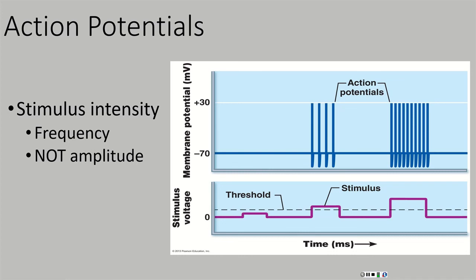So if you just lightly touch your hand versus if you push on your hand, lightly touch, the neurons in your hand are sending action potentials pretty slowly. If you push on it, then it's going to start sending action potentials pretty frequently. And that's how your brain interprets a small stimulus versus a very strong stimulus.